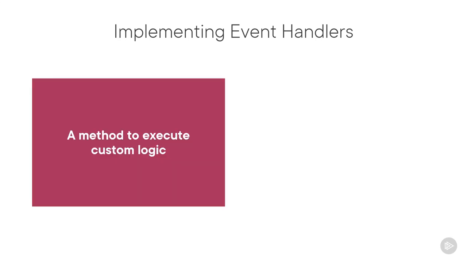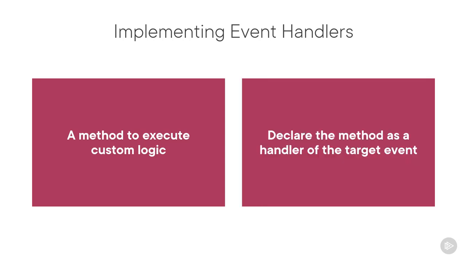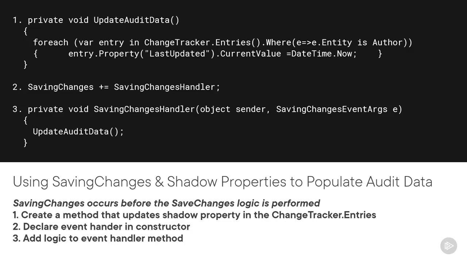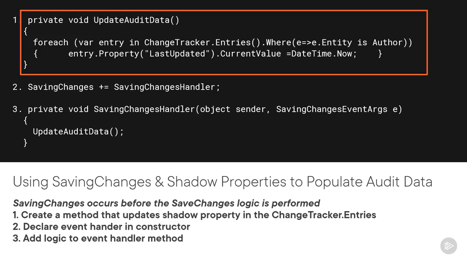You implement these events in your DbContext class the same way as any other event in .NET. You need a method that executes the logic you want to occur, and you need to wire that up to the event. In this example, I'm separating my logic a bit more than that, so I can keep the handler method separate from the method with my logic. First is a method I've already created. We took advantage of it when we were overriding SaveChanges, UpdateAuditData.